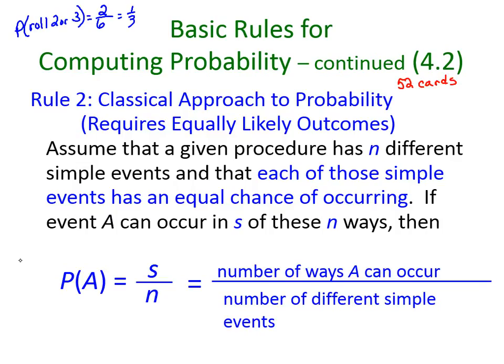Out of the 52 cards in a deck, what are the different suits? How many suits are there? Okay, there's 4 suits, and they are? Okay, so those are different things. Hearts and diamonds are red, clubs and spades are black.